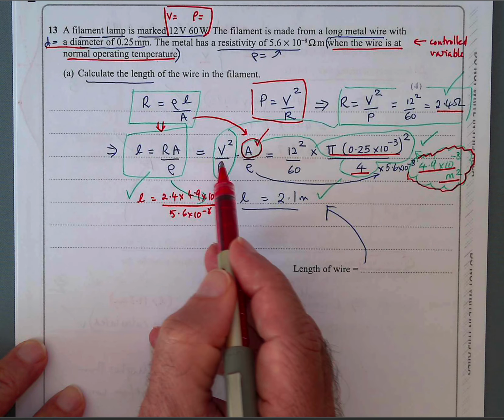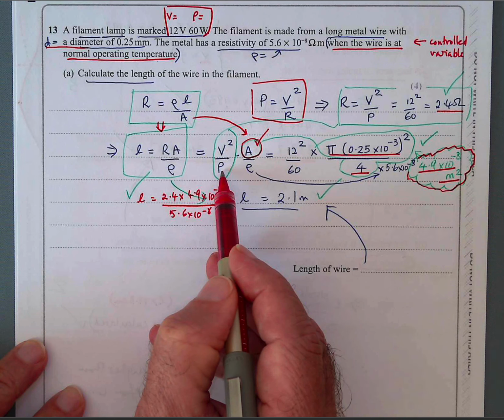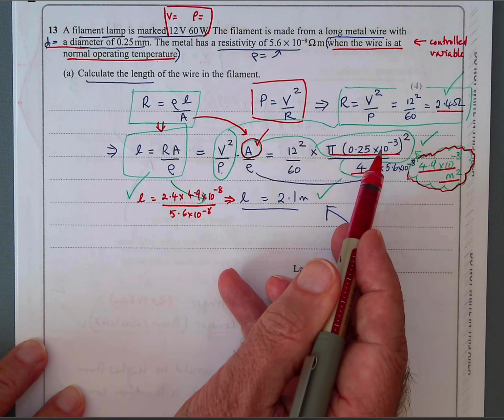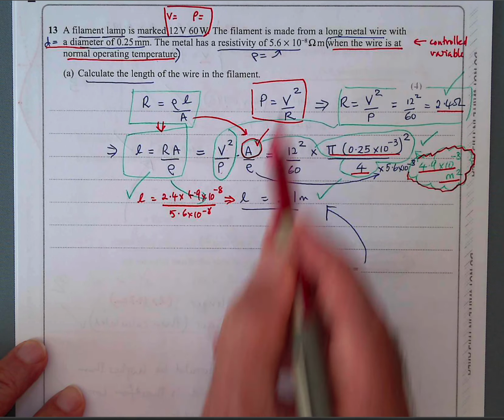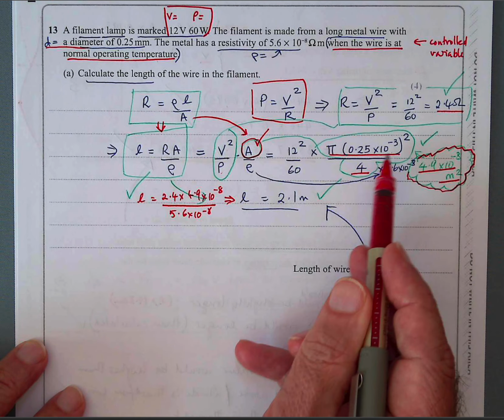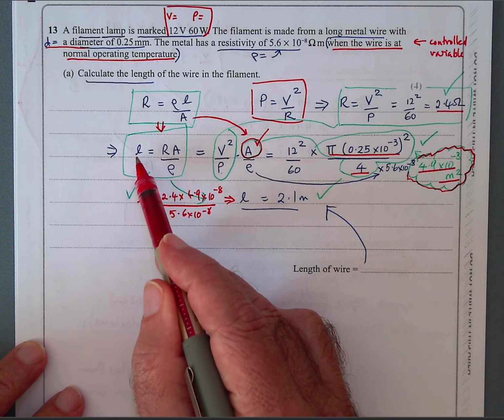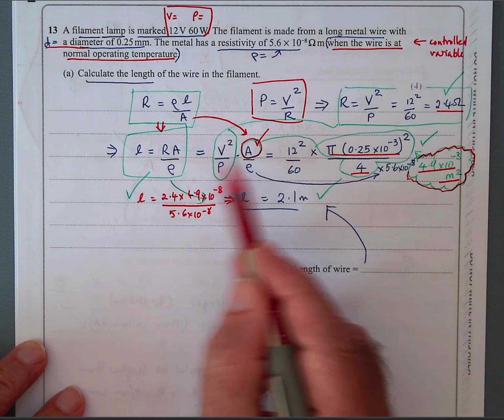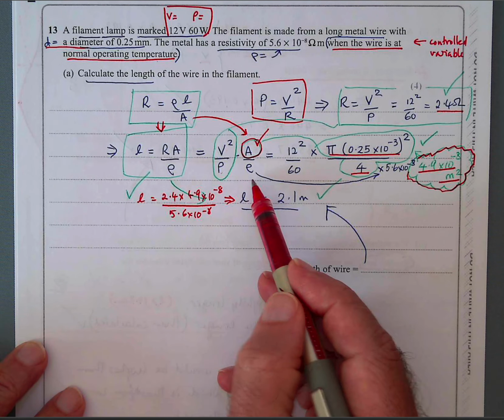Resistivity we're given. So if we do V squared over P instead of R, multiply by the A, which we've got already calculated, divided by the value given for resistivity, you can do it all in one go. That's what I'm showing you, that the length is equal to this, multiplied by A over rho, which we already have done.